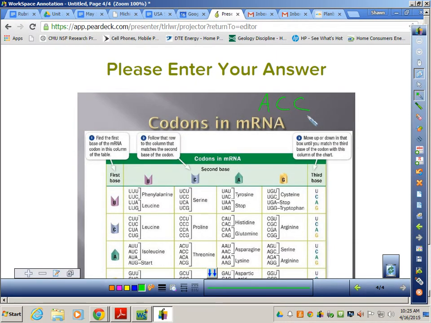Please decode the mRNA strand ACC, please.